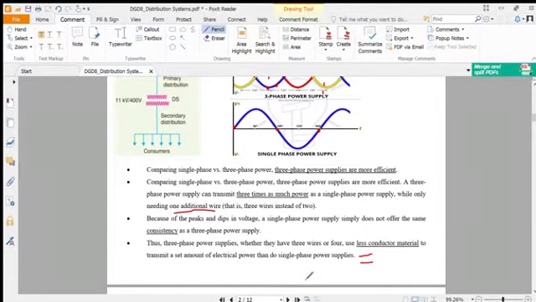For three phase you see that only three wires, or four wires, are needed. But for the same power supply, with single phase we need three times two, six wires to supply the power done by the three phase circuit. So obviously a lesser amount of conductor material is required for the three phase power supply system.